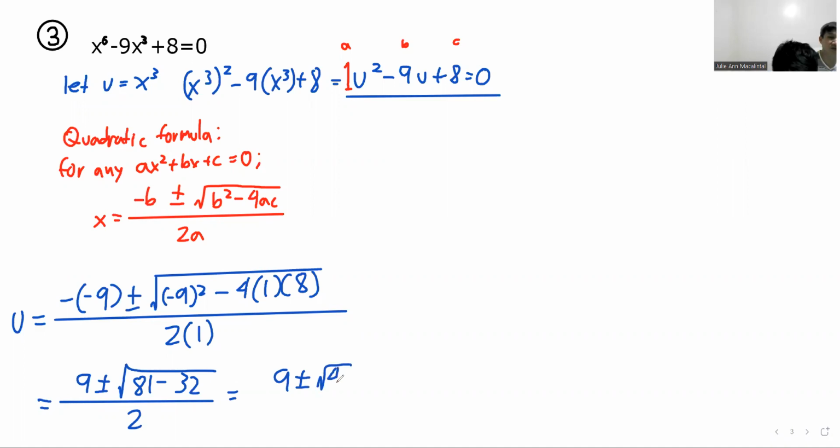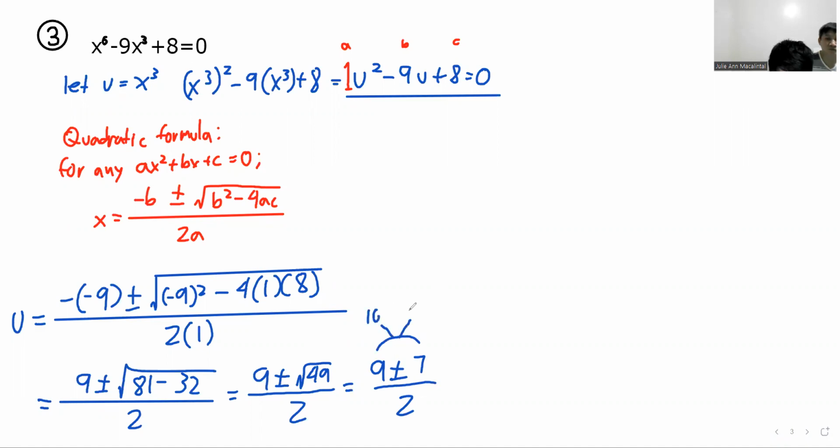The Zoom corrected my sharp edges. That's rare. So 9 plus or minus 7 over 2. So 9 plus or minus 7 is either 16 or 2.